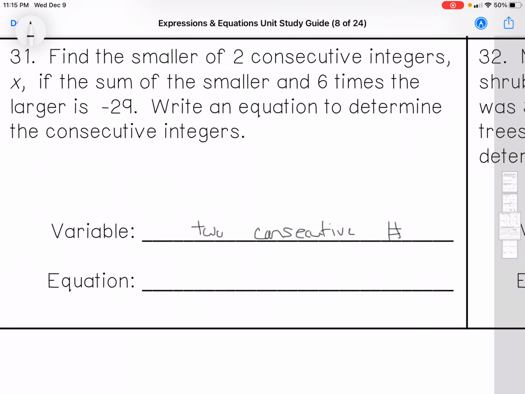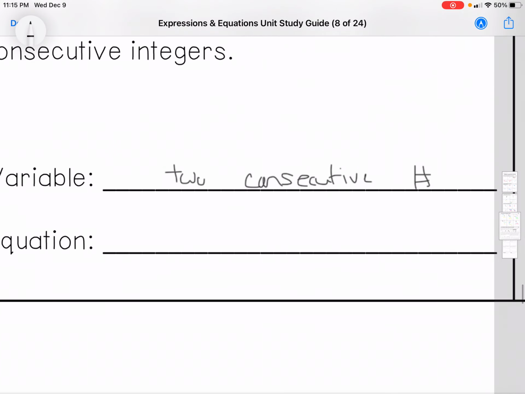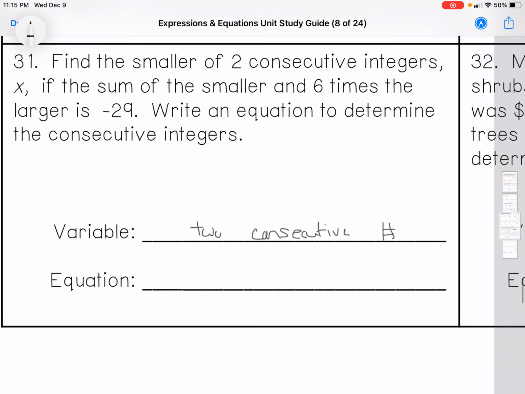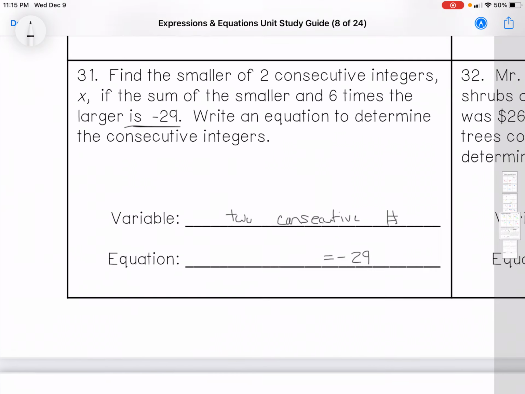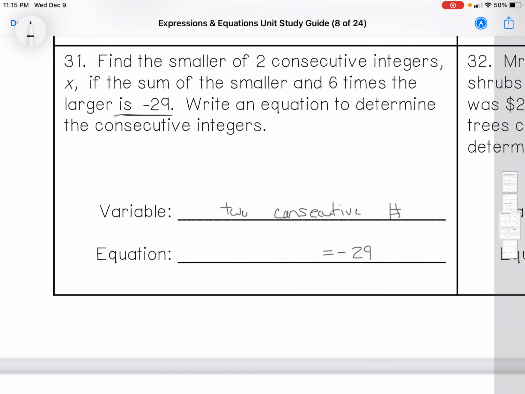We'll just put numbers. All right, so it said that the sum is negative 29, so they're going to equal negative 29. Okay, now they are consecutive. If the sum of the smaller and 6 times the larger.